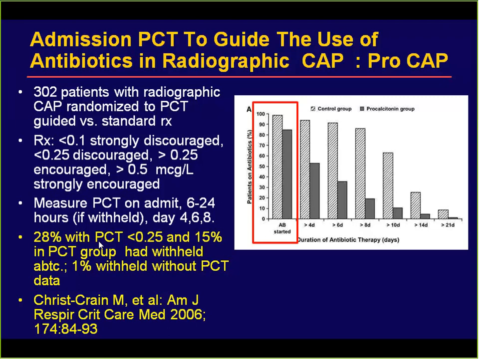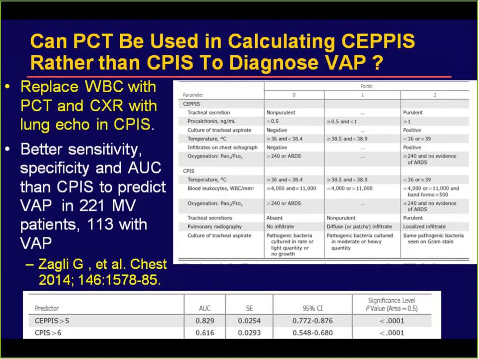So they safely withheld antibiotics in 15% of people who probably didn't need it because they either had viral pneumonia or they had heart failure. They had some other explanation for their infiltrates, and they were comfortable not giving antibiotic therapy. More recently, people have started thinking about using this in ventilator-associated pneumonia.